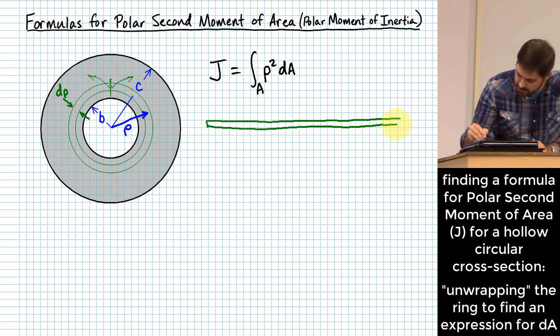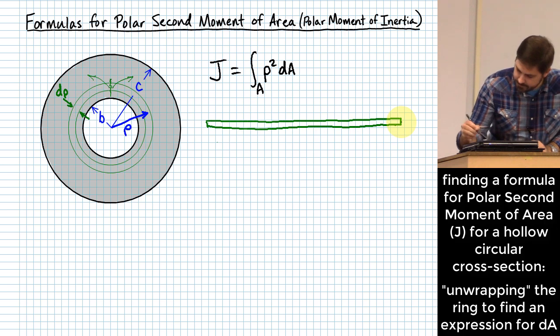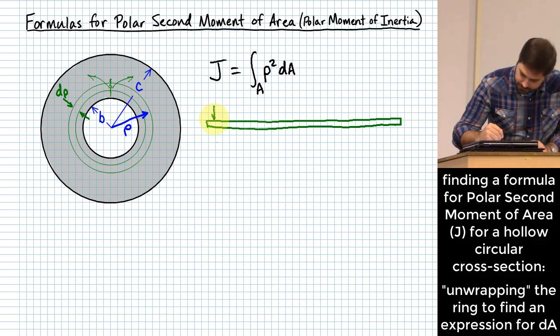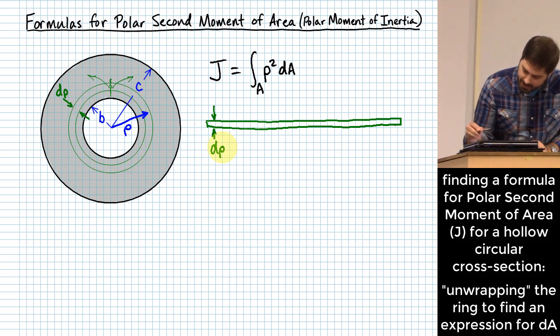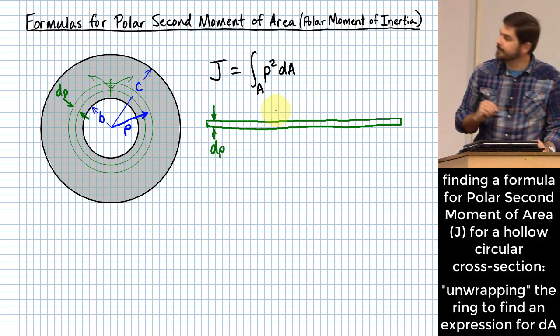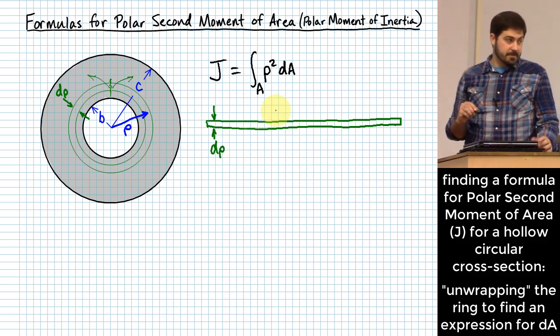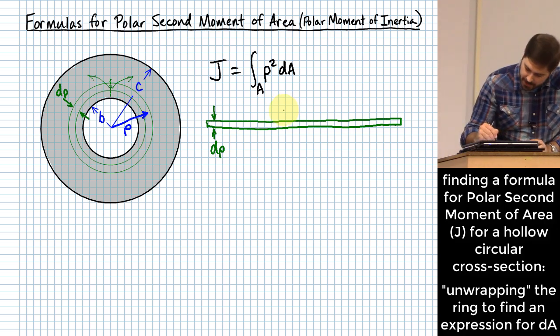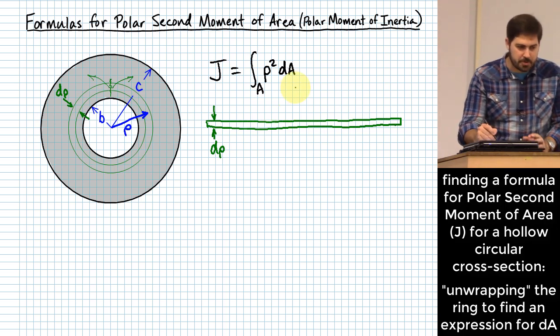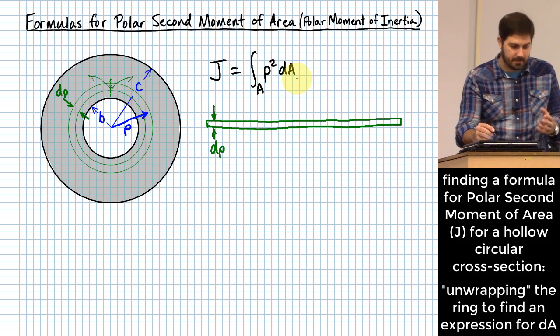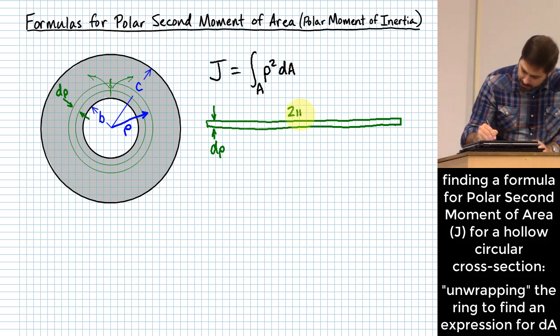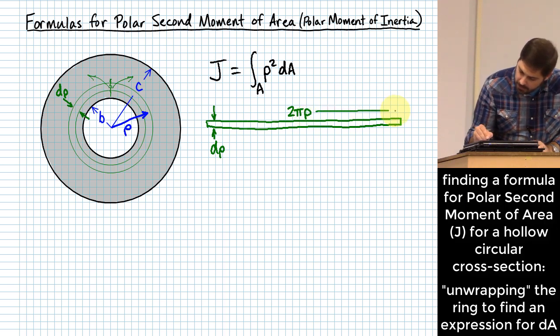What are the dimensions of that long, skinny rectangle? d rho by what? The circumference. The circumference is pi times the diameter, or 2 pi times the radius, which is the form that we've got. We've got rho, so 2 pi rho gives us the length of this piece.